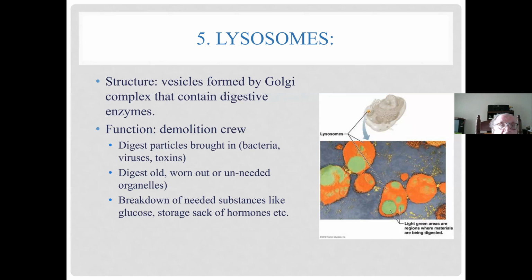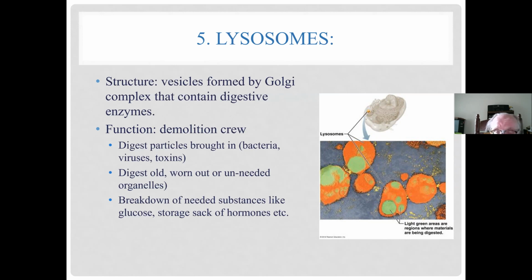It can also digest old, worn out, or unneeded organelles. So if we've got a mitochondria, it says, hey, I'm worn out. Lysosome will come over there, digest it. The cell will reuse whatever it can, whatever amino acids and other things it can use.